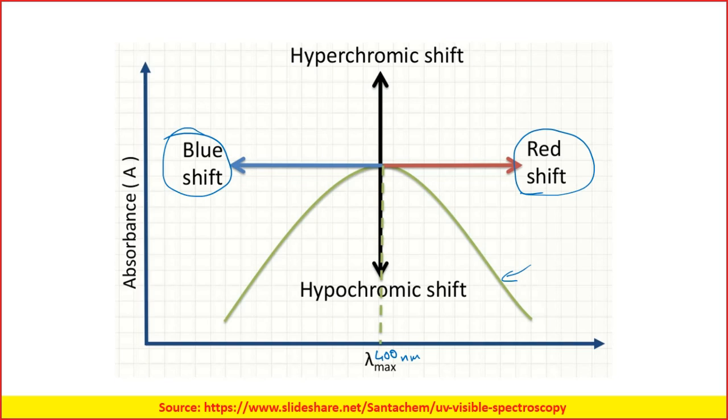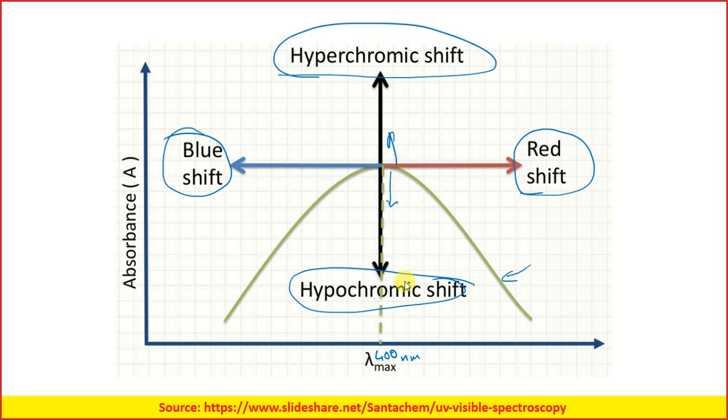Also, when you are adding these auxochromes, they may alter the nature of the interactions. Due to that, if the absorption of the peak is increased, then it is called hyperchromic shift because absorption is increasing, and if the absorption is decreasing, it is called hypochromic shift.